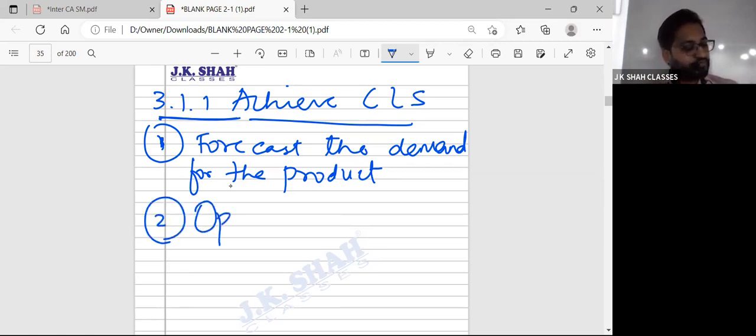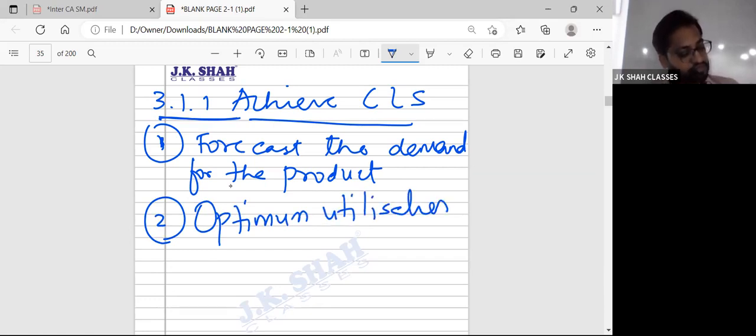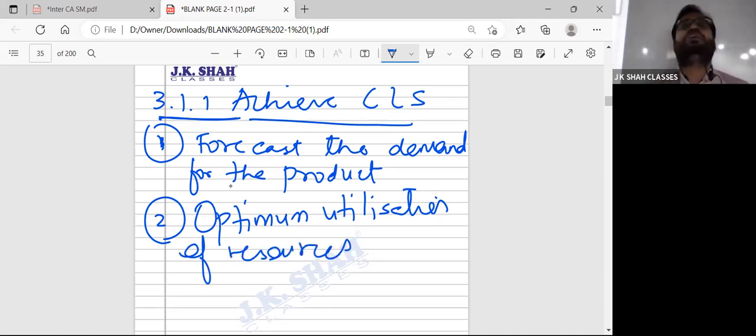Number 2, optimum utilization of resources. Try to utilize your resources to the best possible extent. Don't waste resources.